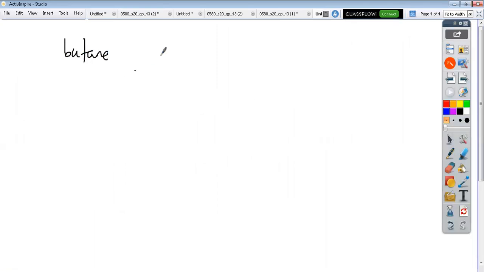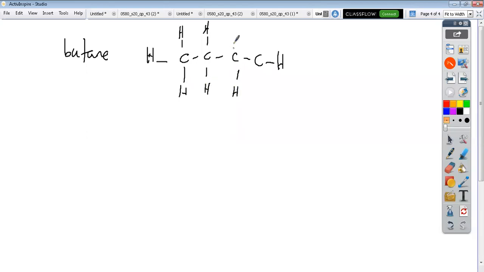So we said butane, normal butane, has 4 carbons. No double bond, it is an alkane, like that. Then these last carbons are bonded to 3 hydrogens, the rest to 2 in between. C4H10. How do I have an isomer? Instead of having a 4 chain, I can have a 3 chain, like this. 1, 2, 3.